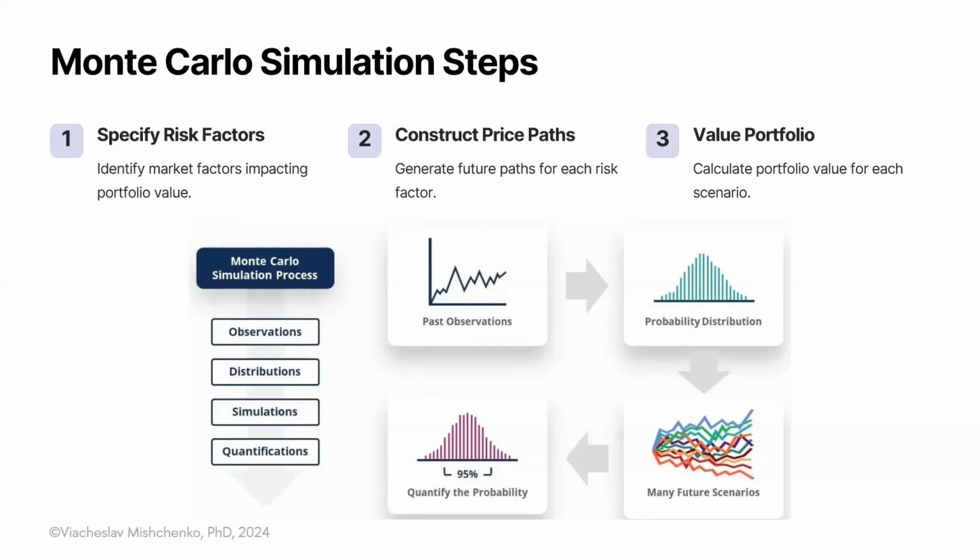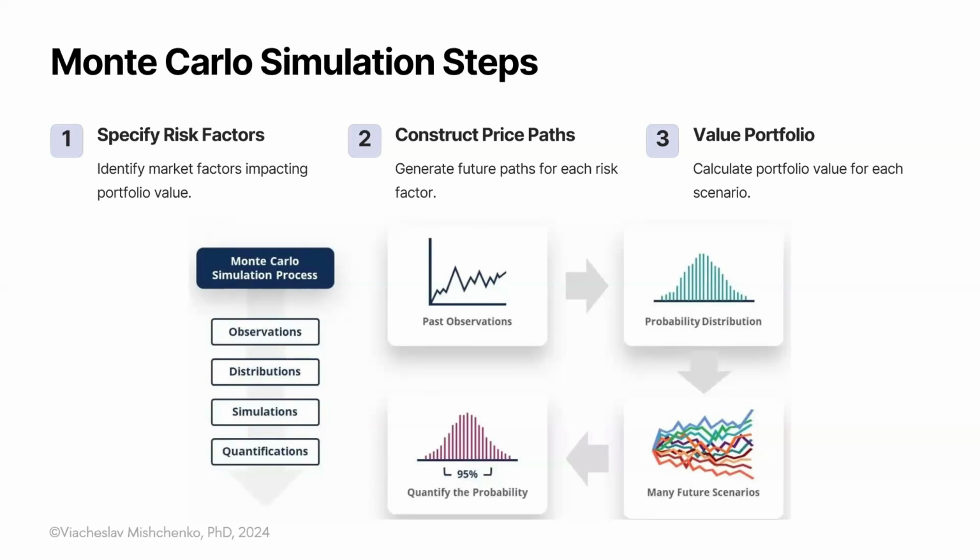By the way, a common technique that may be used here is the so-called Cholesky decomposition, which is generally used to generate correlated random numbers from uncorrelated standard normal variables. For example, if we are simulating both equity and bond returns, we need to account for the typical negative correlation between these asset classes.